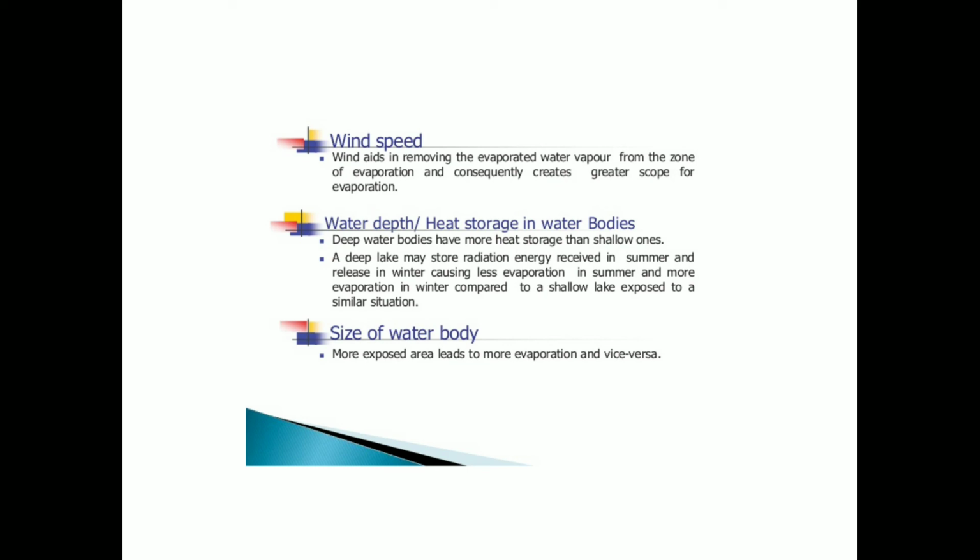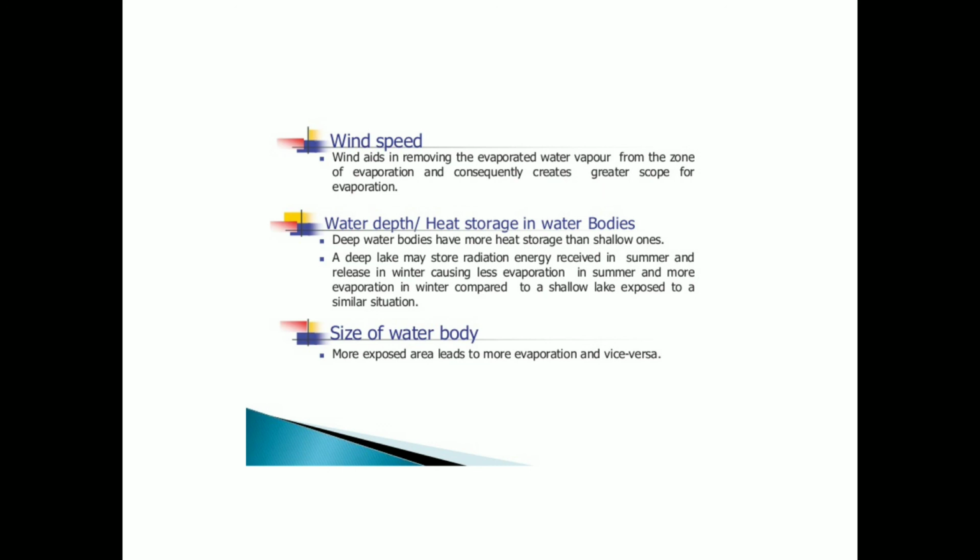Water depth or heat storage in water bodies. Deep water bodies have more heat storage than shallow ones. A deep lake may store radiation energy received in summer and release it in winter, causing less evaporation in summer and more evaporation in winter compared to a shallow lake exposed to a similar situation.